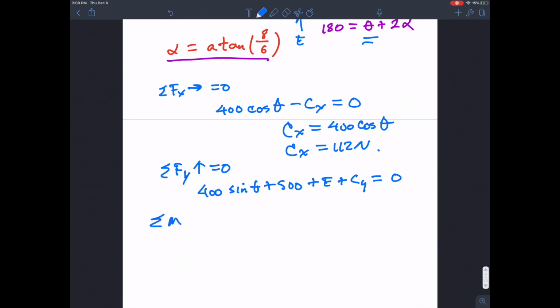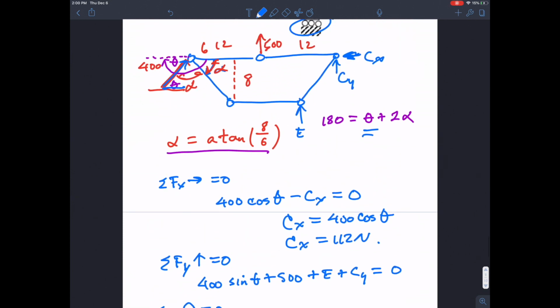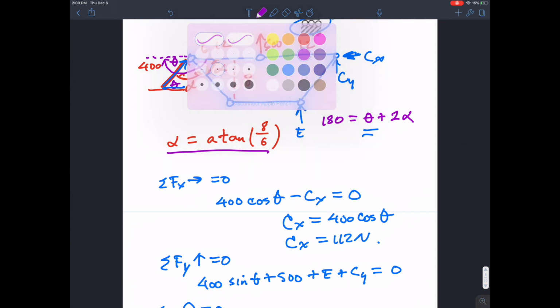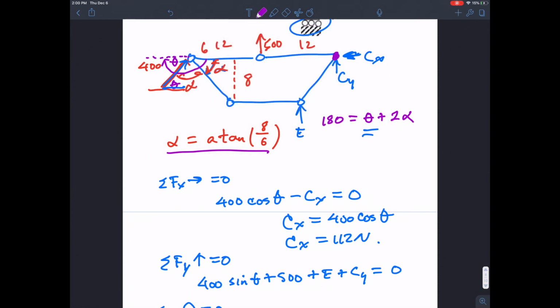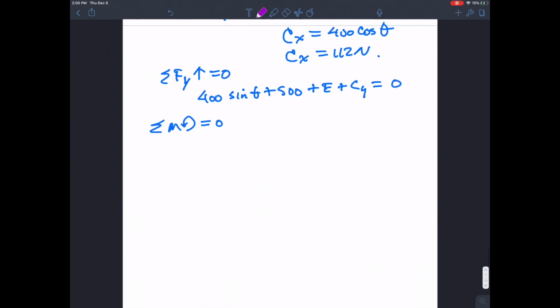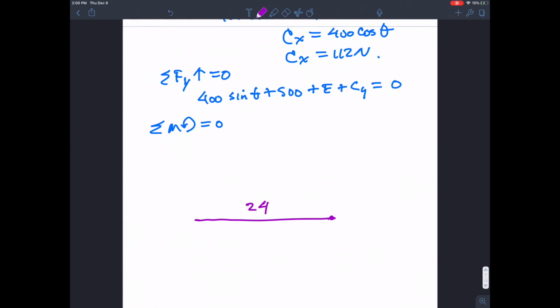So we're going to use sum of moments, counterclockwise being positive, is equal to 0. Okay, so from there we look at the moments. We can choose a point. Let's choose the point C. Okay, so we're going to use C, and we need to know what is the moment generated by the 400 Newton force acting at the end of the truss. Okay, so let me just sketch a picture down here so it's clean. All right, we know this is 24 meters long.